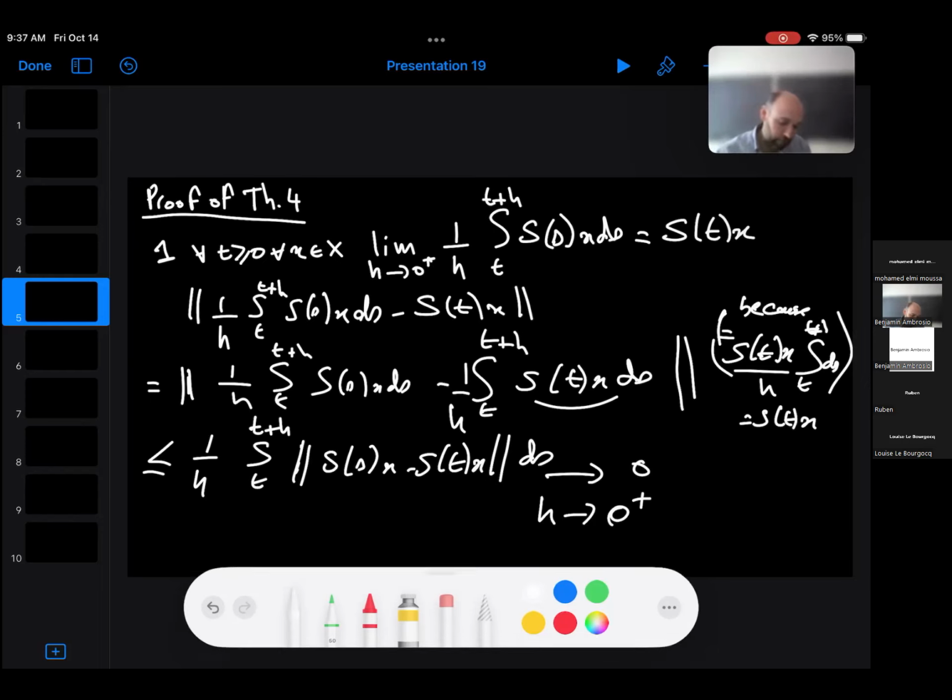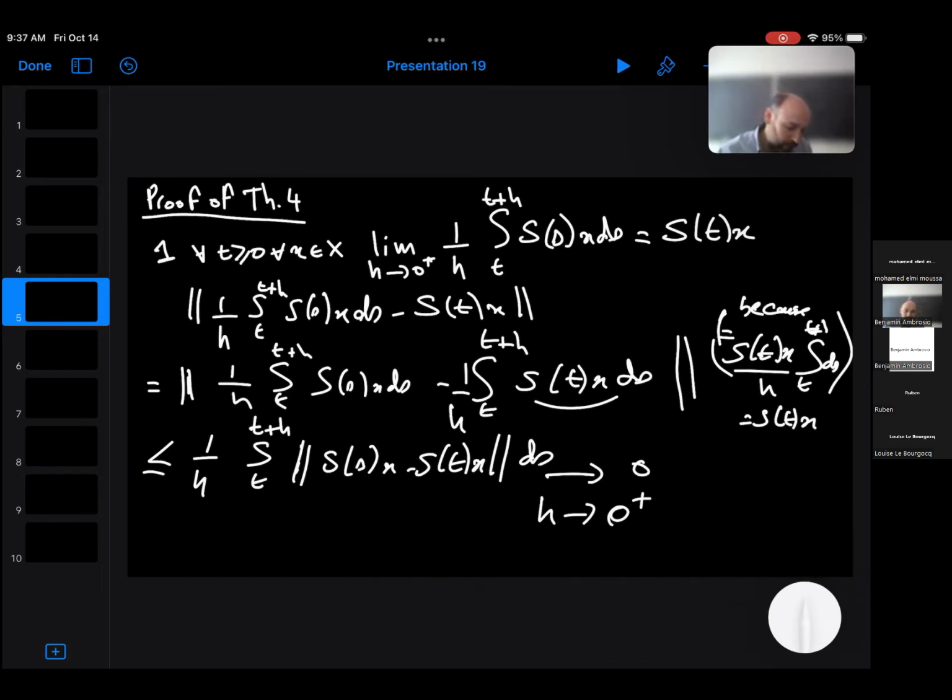If you have any doubt on that, this is exactly like when you have a function from R to R. That's the case because this norm now is a continuous function, and that works.